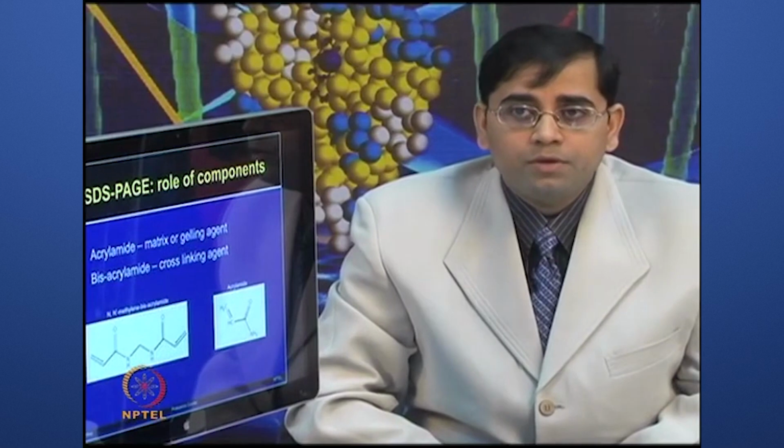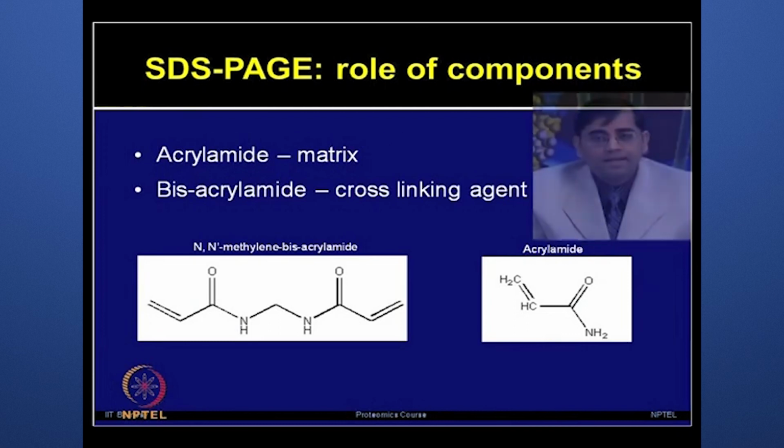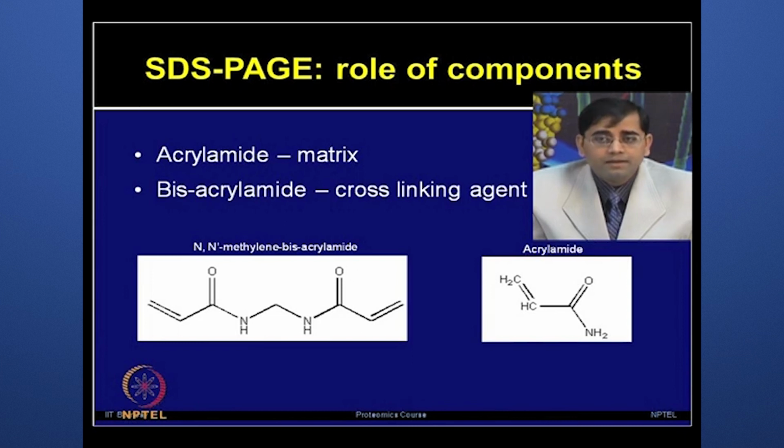So, let me describe the role of the components which are being used in SDS page. Acrylamide provides the matrix or gelling for making the gels. Now, bisacrylamide is a cross linking agent. By adding both acrylamide and bisacrylamide in a fixed ratio, one can make this gel by adding the gelling agent and the cross linking agent. But that itself is not sufficient to polymerize the gel.